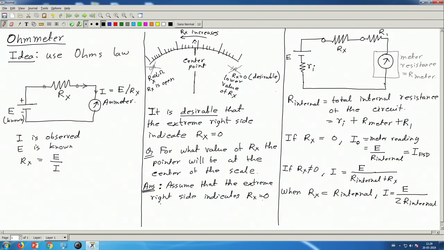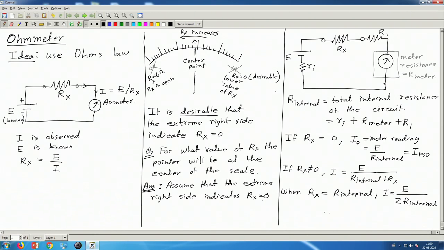So, when Rx equal to 0, the pointer goes to the extreme right. That means when Rx equal to 0, the full scale deflection current flows through this meter. So, this I can also write as IFSD.